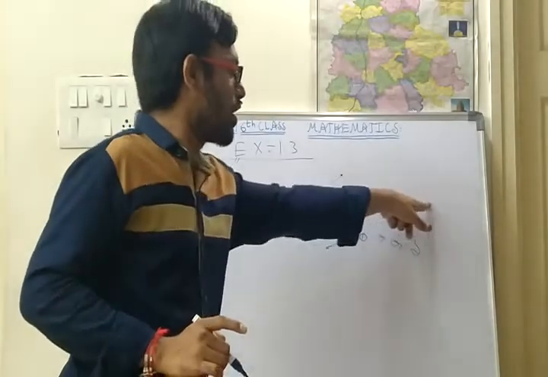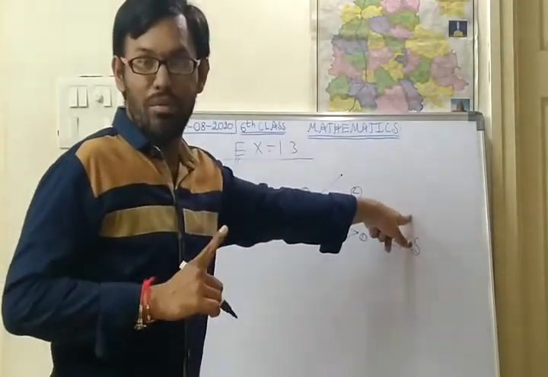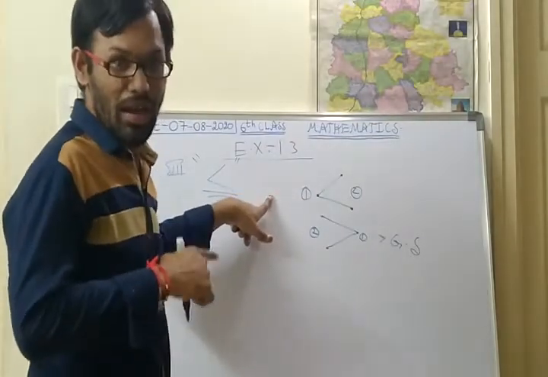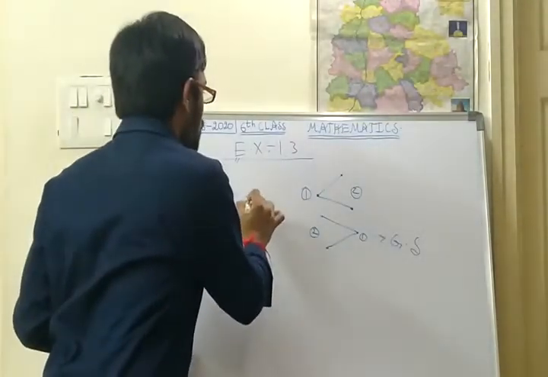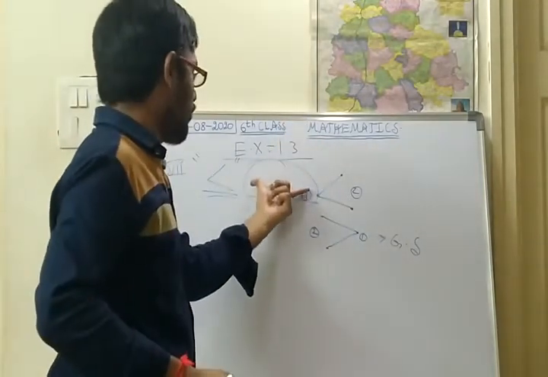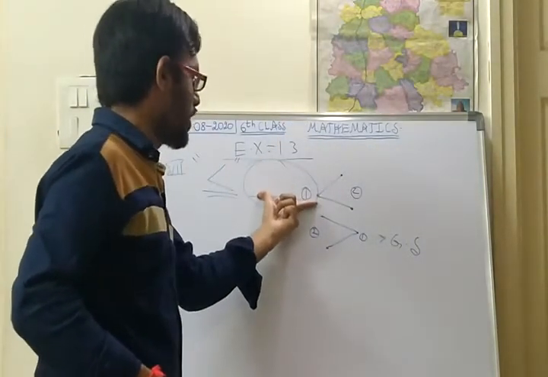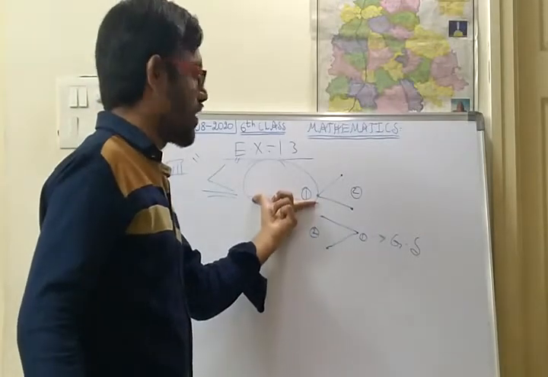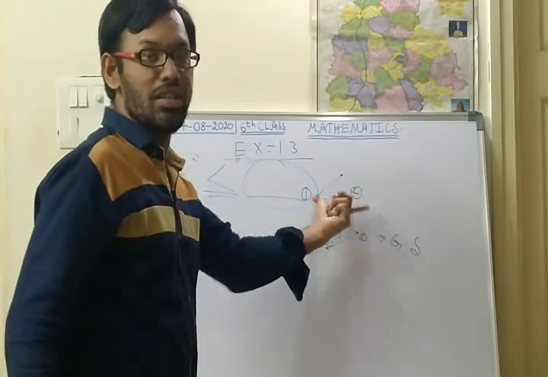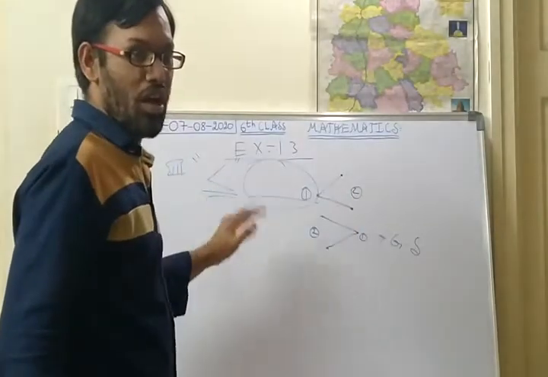So on this side we write the greater number, and on this side we write the smaller number. Since the smaller number is at the left side, the symbol should be the smaller than symbol. I think you have understood clearly.